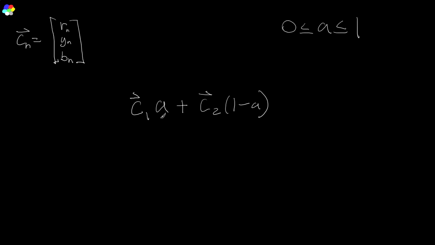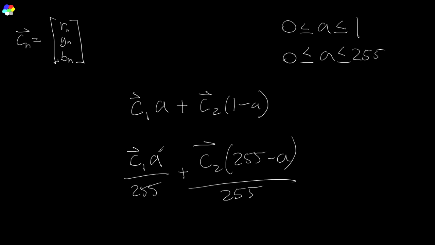Now alpha blending in general is just a linear interpolation between two values, where if alpha is equal to 0, you're going to get all color 2, and if alpha is equal to 1, you're going to get all color 1. And if alpha is equal to 0.5, you're going to get an equal blend between the two. So what we want to do here is reformulate this in such a way that we can do it with just all integer math.